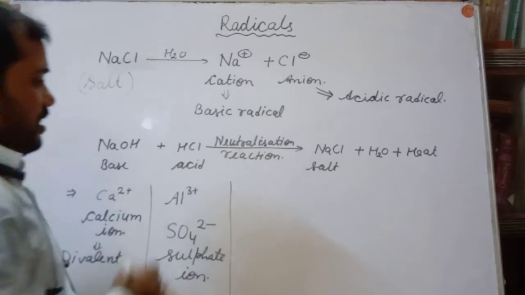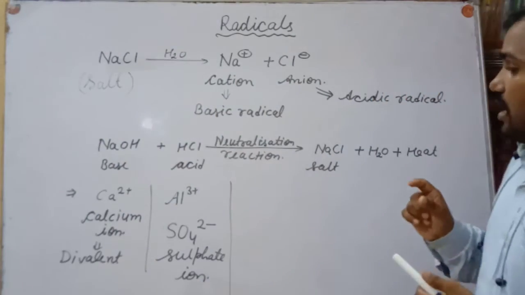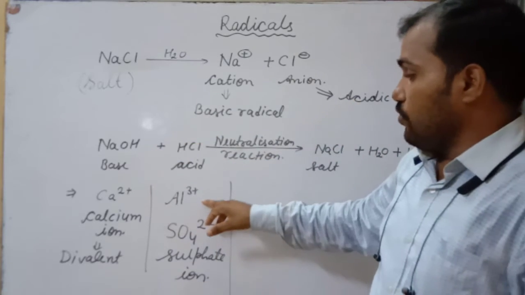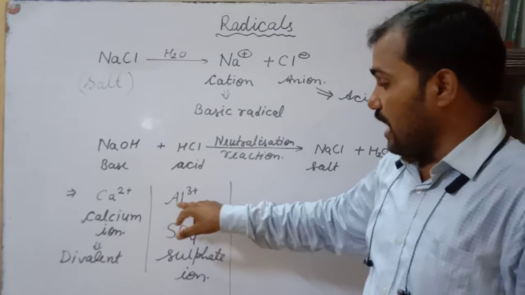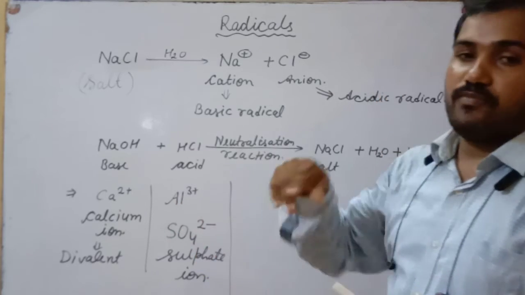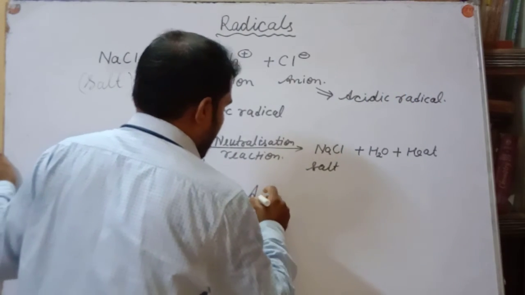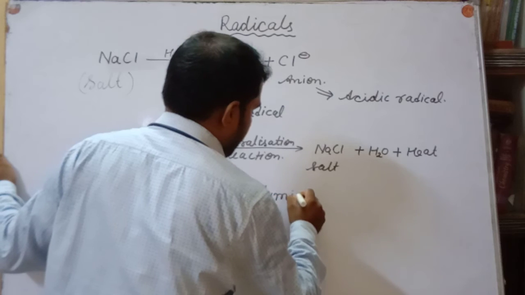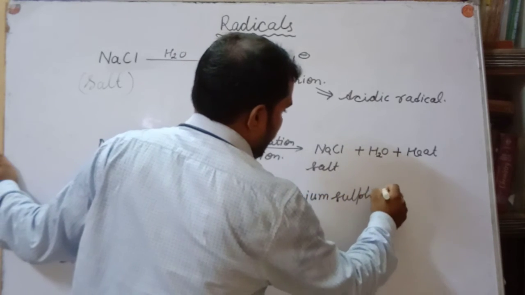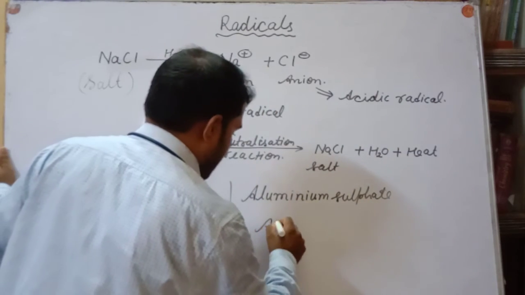Now we will discuss how we will write the formula. Suppose aluminium ion with sulfate ion. You want to write aluminium sulfate. You can write this by cross multiplication.